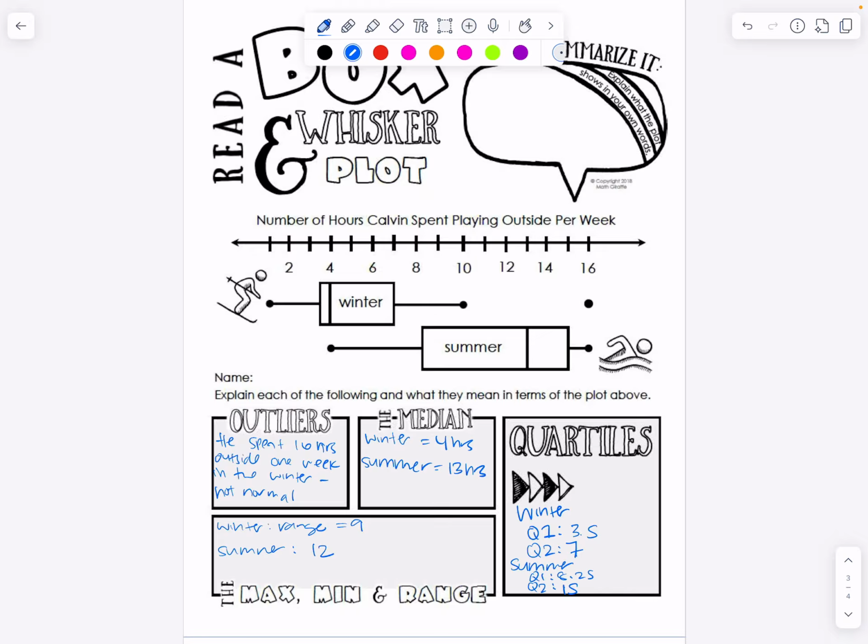So the range would be 9. And then in the summer, it looks like we would be starting at 16 was the most. So that's our maximum, and 4 is our minimum. So in the summer, we're looking at the range of 12.